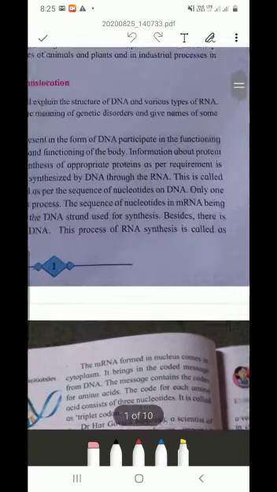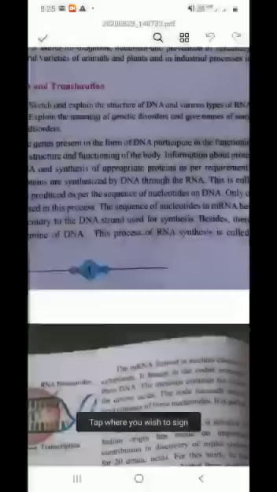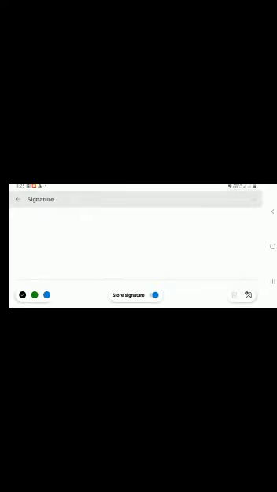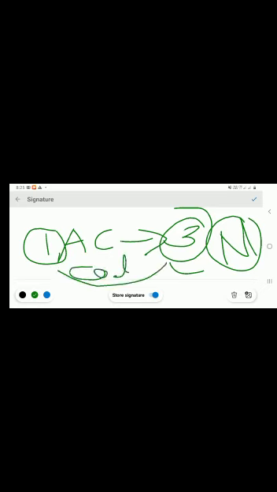Why is this called a triplet codon? Because one amino acid needs three nucleotides to know what the code is.